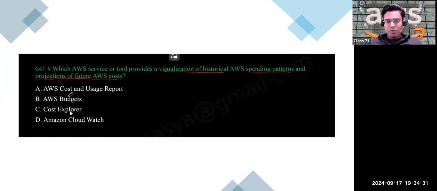I already explained, we have two tools for spending patterns and projection of AWS cost. One is the Price Calculator before migration, and after migration we have a tool called Cost Explorer. If you want to visualize the cost and spending patterns, anything regarding cost, then Cost Explorer. If they are talking about reports, then Cost and Usage Report.